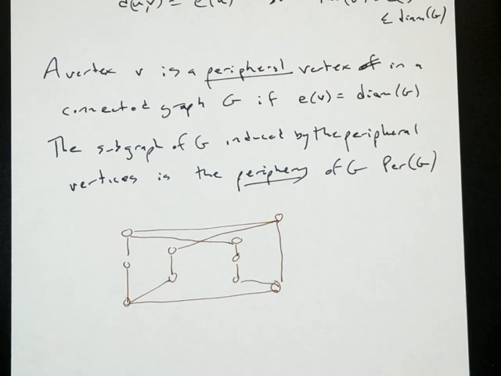What's eccentricity again? It is not 4 for each vertex. There are different values here.